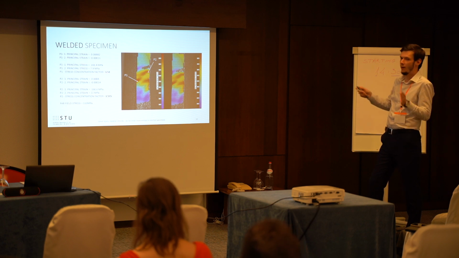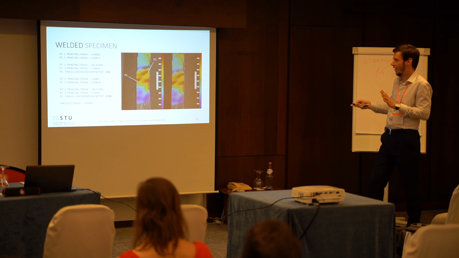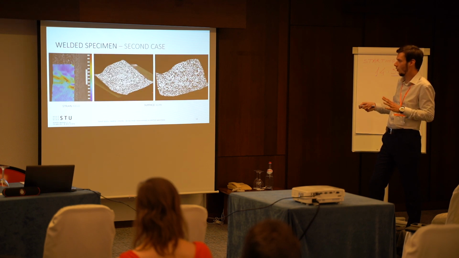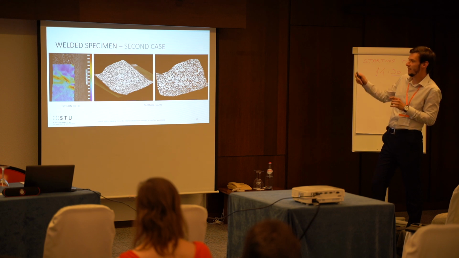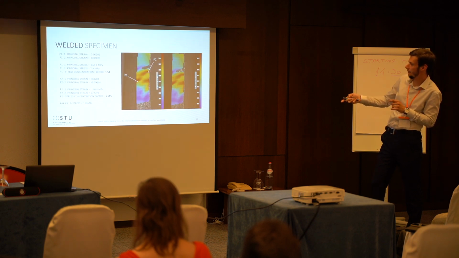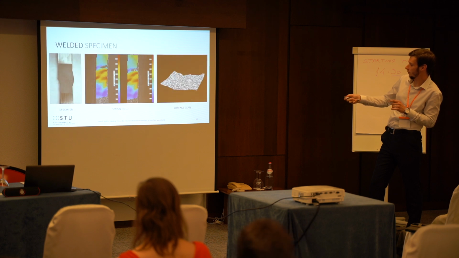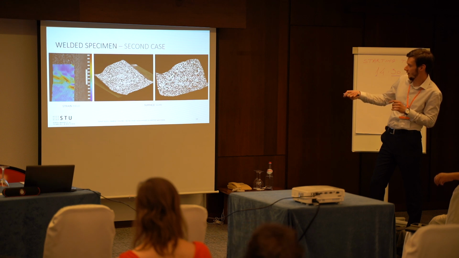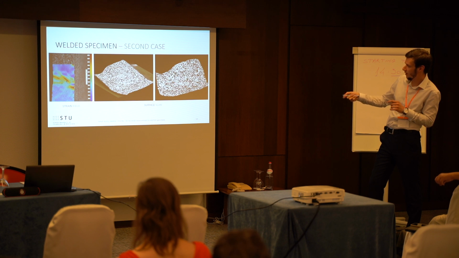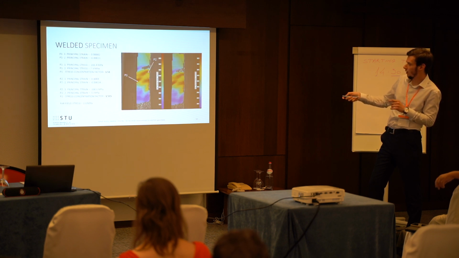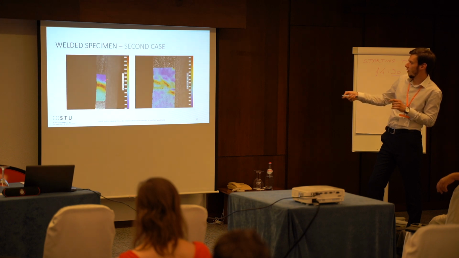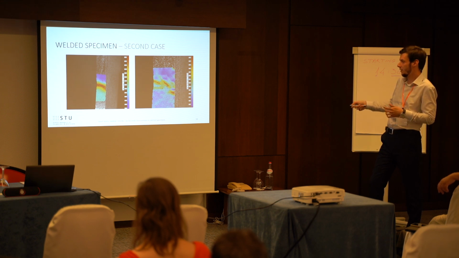And now I've talked only about the good measurements, but there are some worse measurements as well. For example, this one, that's the second case, and in this position there's a bit of a problem, because here, I don't know if it's well visible, is a really extremely sharp notch, and if you measure it from a larger distance, you get a field like this, and when you're closer, you get a field like this, and it's always going to be dependent on the filter.